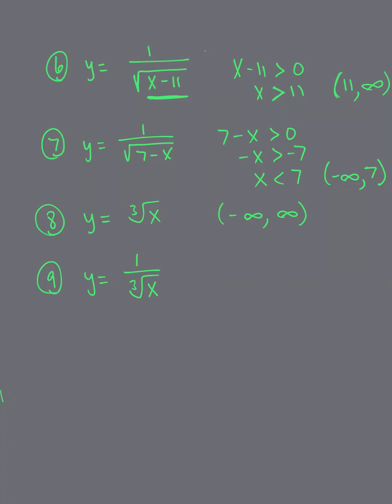Well, you can take the cube root of any number, positive or negative, but you cannot have 0 in the denominator, so x cannot equal 0. So we would go from negative infinity, comma 0, parentheses, and we'll union that with 0 to infinity, like we did for 1 over x. For our next example, y equals 1 over x plus 2.